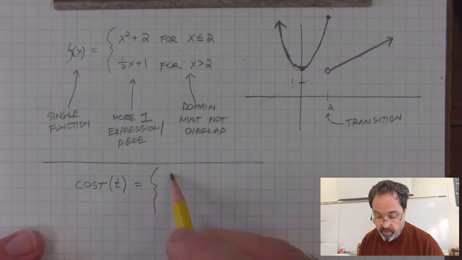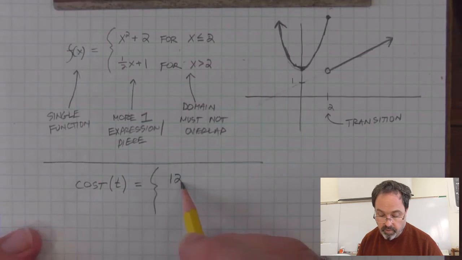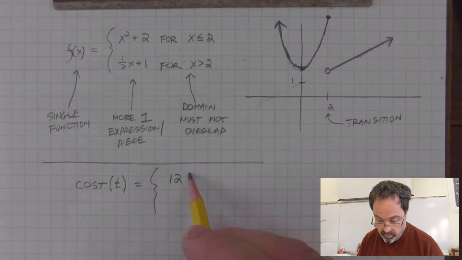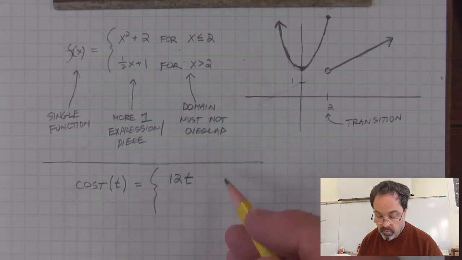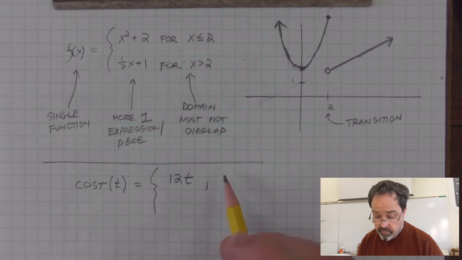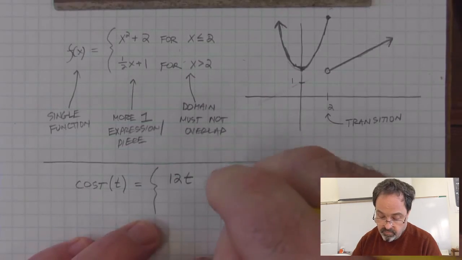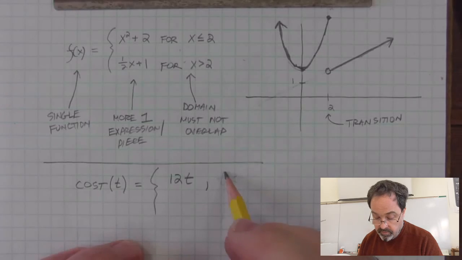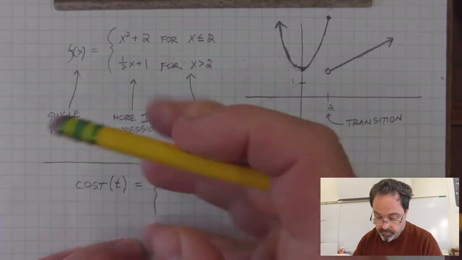We can model this as a piecewise function and consider the cost to be maybe $12 for every hour, but only in the first 8 hours, when t is less than 8, or between 0 and 8.